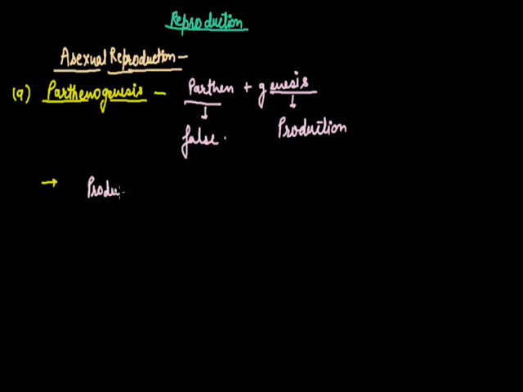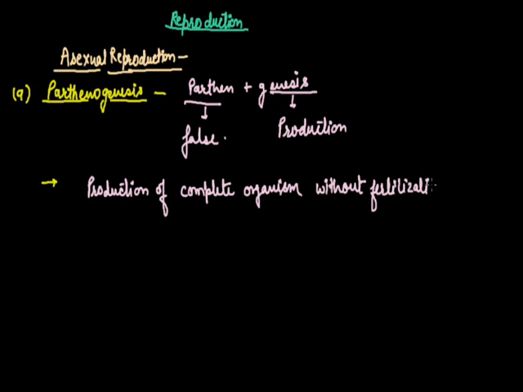It's production of a complete organism without fertilization, because there is no mixing of DNA or no mixing of characteristic features. That's why it's a uniparental reproduction and is concluded as an asexual mode of reproduction.